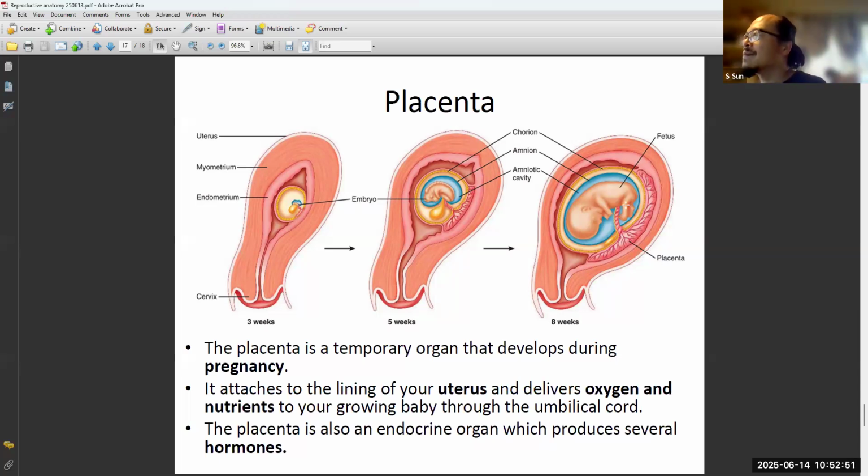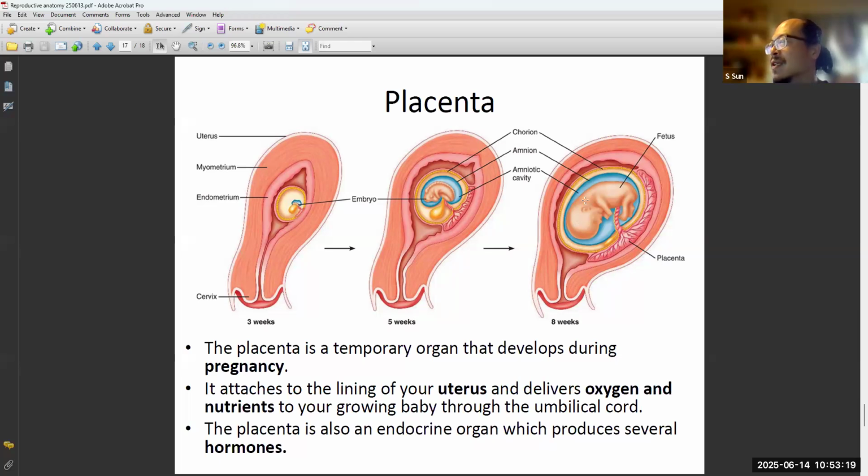You have the placenta, you have several fluid spaces. Basically, it's beginning here, but it becomes the amnion, the fluid space, the amniotic cavity. Amnion is the membrane, and then outside here you have a chorion membrane, so layer upon layer of fluid.